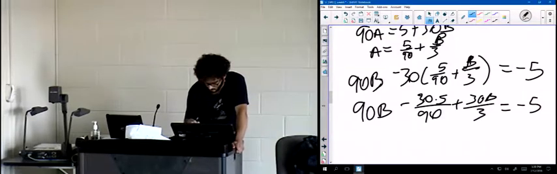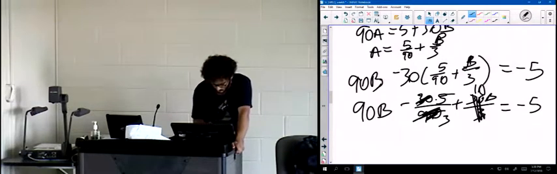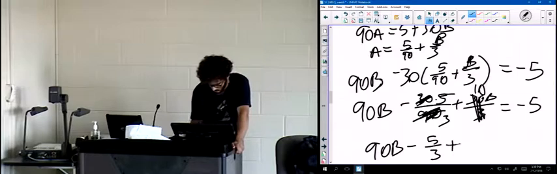Negative 5. So this is really 10 there. And 30 goes into that 3 times. So you're just left with 5/3. Or maybe rewrite this again, something like this.